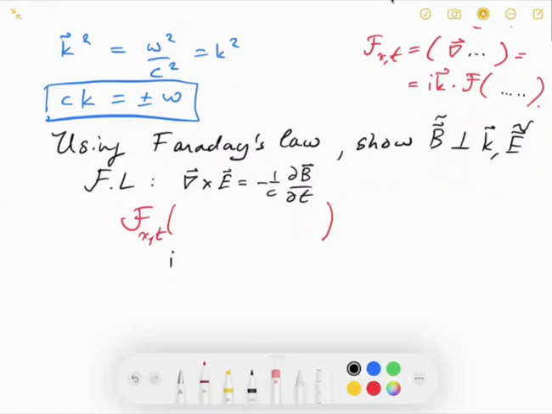So we get i K crossed with the Fourier transform of E is equal to minus minus, so i omega over c, the Fourier transform of B, and then due to the properties of the cross product, that means that K and E form a plane.